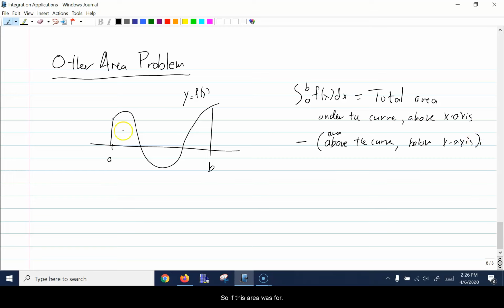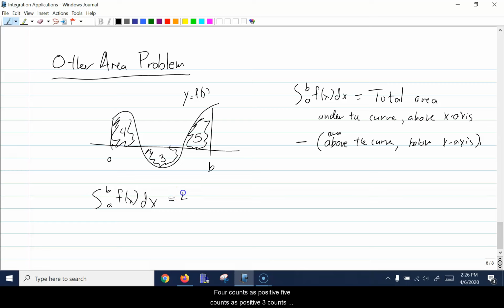So if this area was 4, and this area was 5, and this area was 3, then the integral from a to b of f of x would be 4 counts as positive, 5 counts as positive, 3 counts as negative. The simple version is the function is above the x-axis and you get the area below the curve.